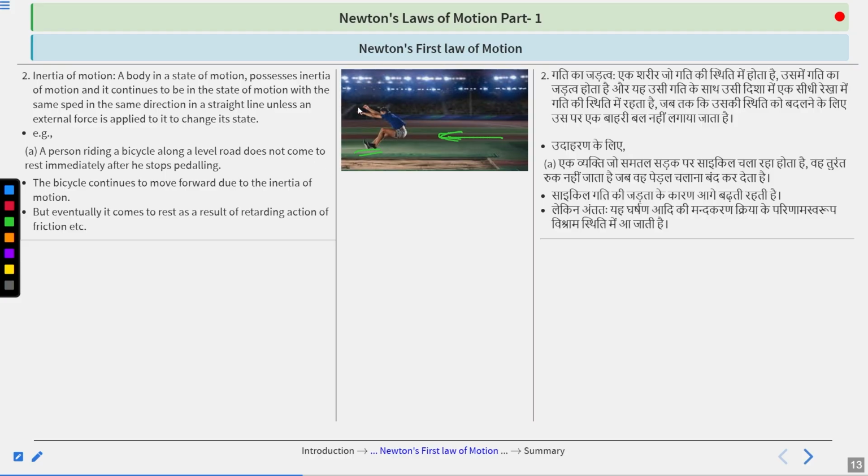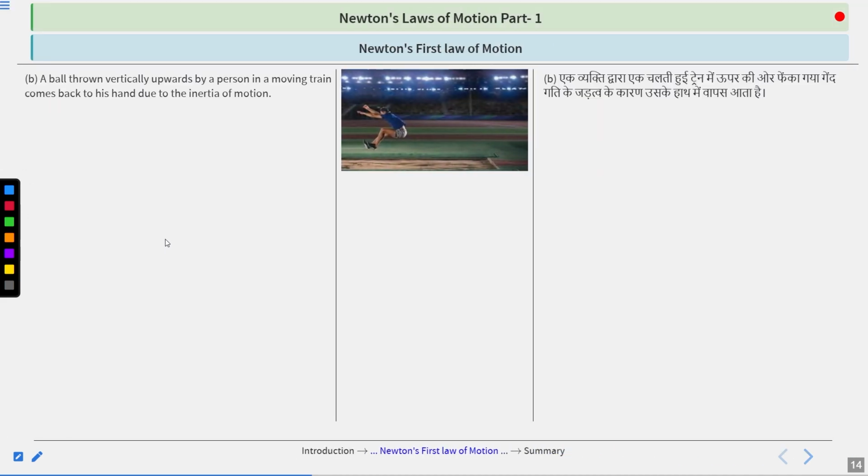Why? Because he is in motion. So his body will show the inertia of motion. His body will resist the state of rest because the body is in the state of motion. But the friction, which is the external force applied on the body, will eventually stop the movement because of the retarding action of friction.